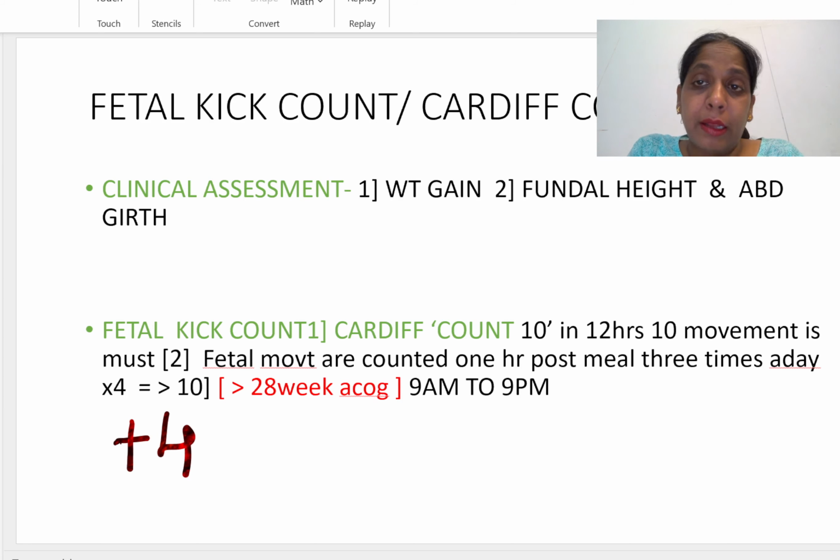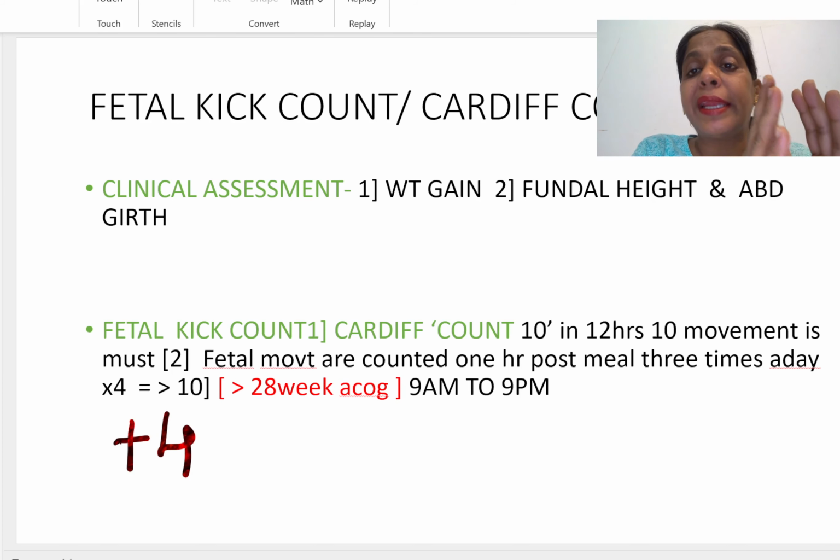So the female has to assure whether the fetus is active and okay, so she has to count those kicks. Cardiff told that in 12 hours the kick count should be at least 10, then it means it is okay.